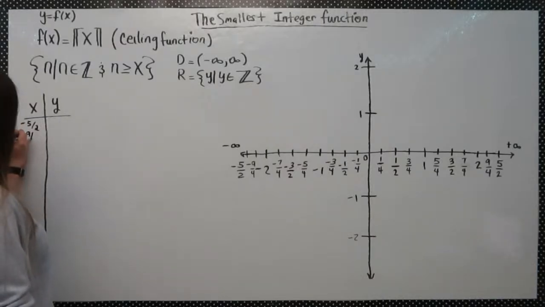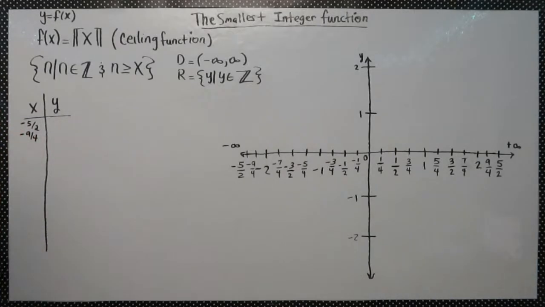Negative 9 fourths, negative 2, negative 7 fourths, negative 3 halves, negative 5 fourths, negative 1, negative 3 fourths, negative 1 half, negative 1 fourth, and 0. We're all the way to 0.